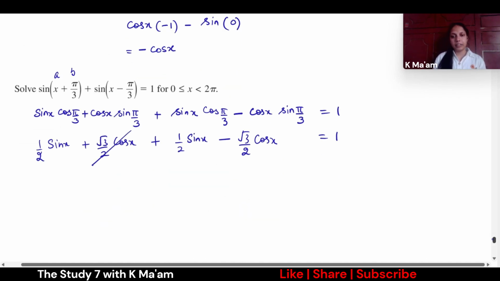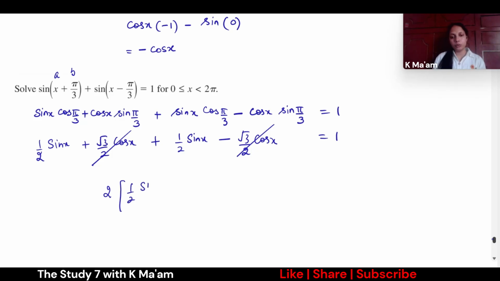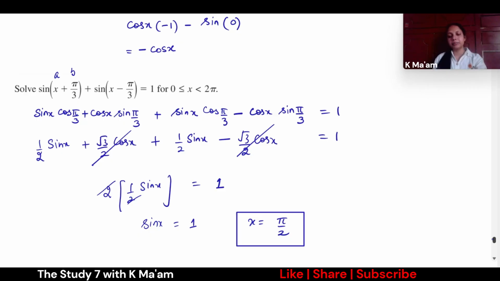This term gets cancelled and this becomes 2 times 1 by 2 sin x equals 1. 2 and 2 cancel, sin x equals 1, and when x is between 0 and 2 pi, sine gives you 1 when x is pi by 2. So pi by 2 is the answer.